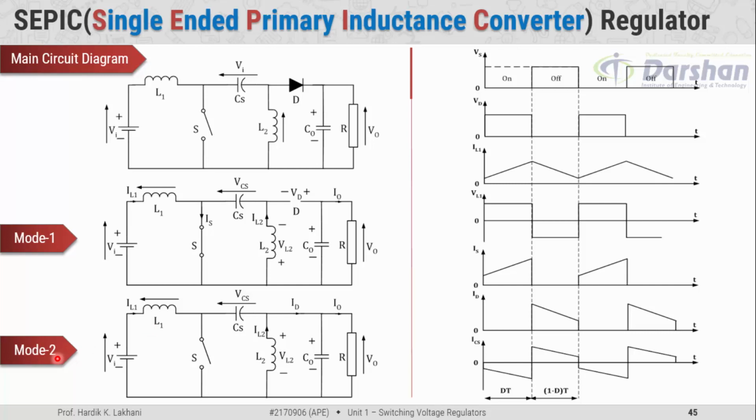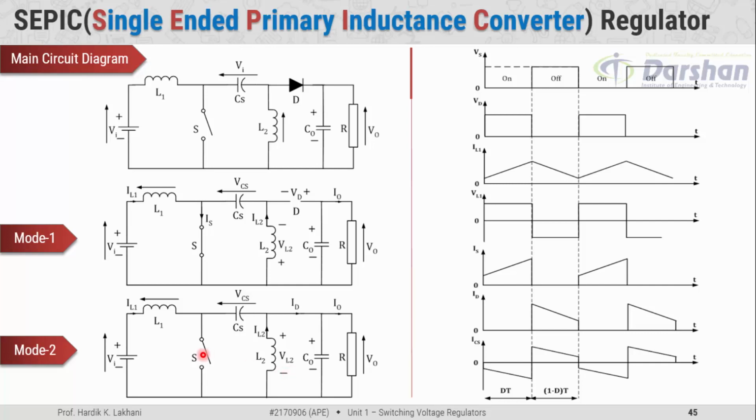So when mode 2 begins, the polarity across inductor L1 and inductor L2 gets changed, which means for inductor L1 this terminal becomes positive and this terminal becomes negative, and for inductor L2 the upper terminal becomes positive and the lower terminal becomes negative.